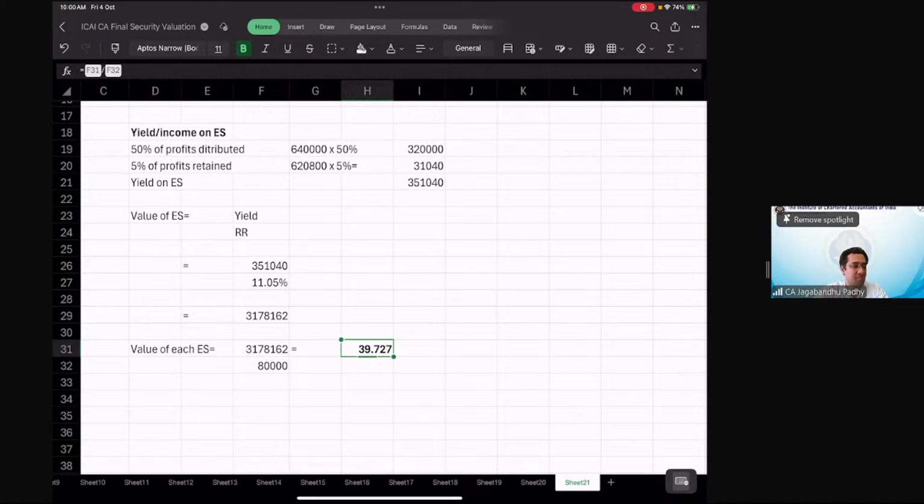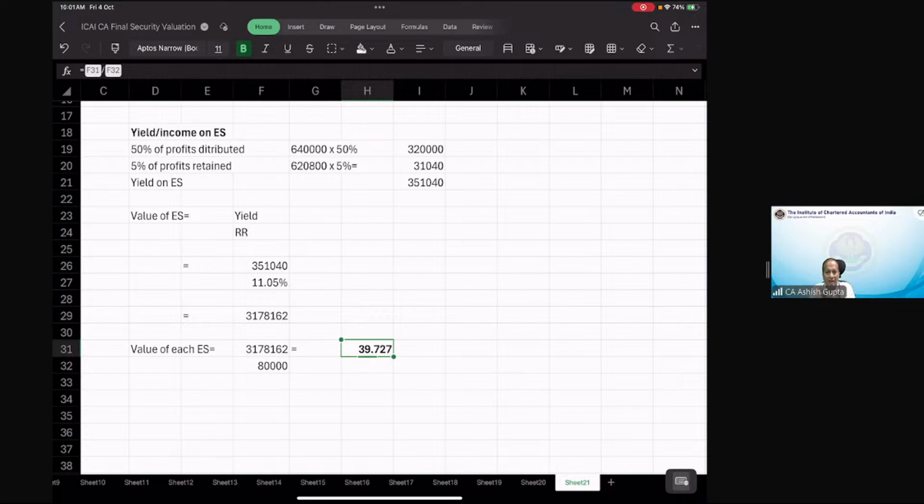And student, I think there is one doubt that may come to your mind. In the final solution, the figure is coming around 39.727. Now, generally, it is a very common question: sir, up to what decimal point, for how many decimal points do we have to round off the figures? So it is very important to note that if in the question some specific instruction has been given, then you just follow the same.